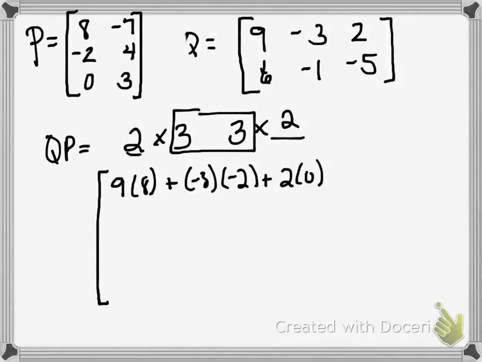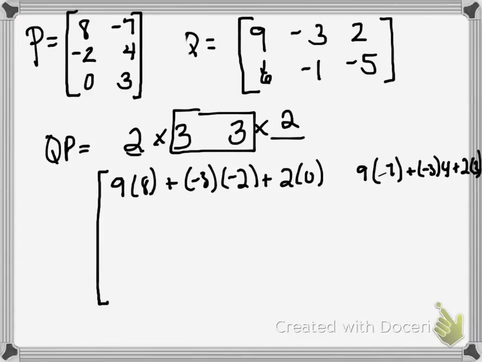So what I did here was the first row of Q times the first column of P. Now I've got to do the first row of Q times the second column of P. So I'm going to have 9 times negative 7 plus negative 3 times 4, I'm running out of room again, plus 2 times 3.